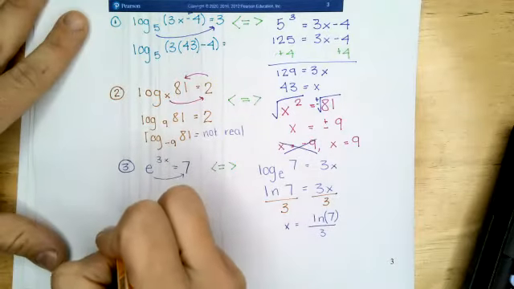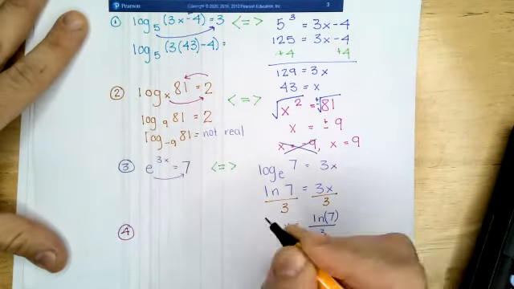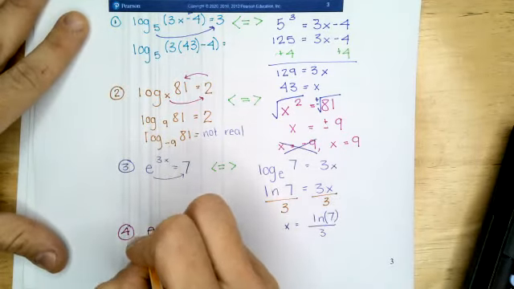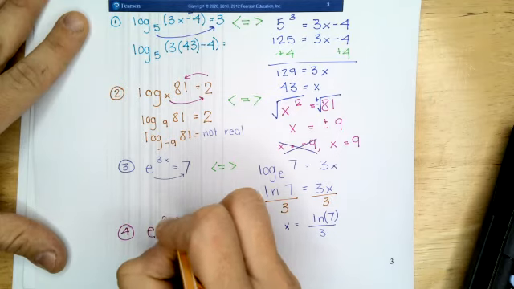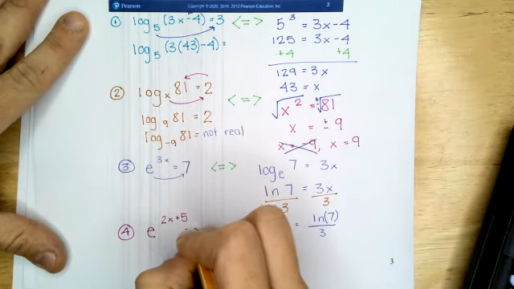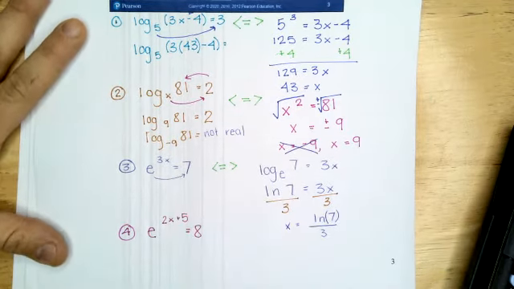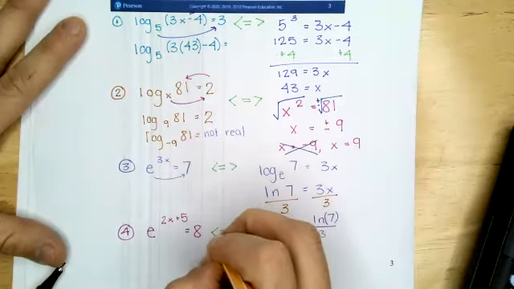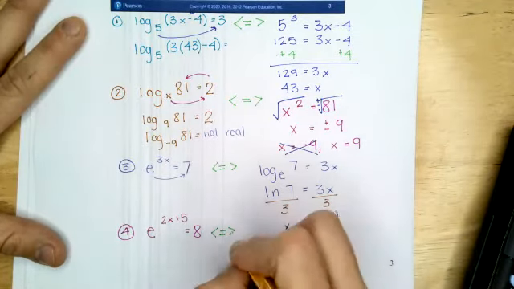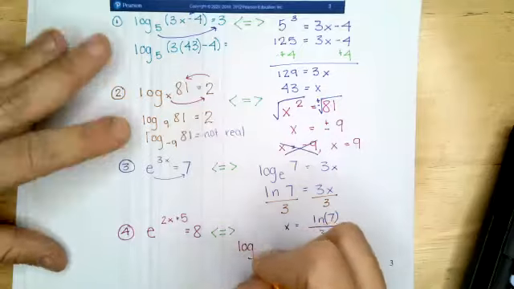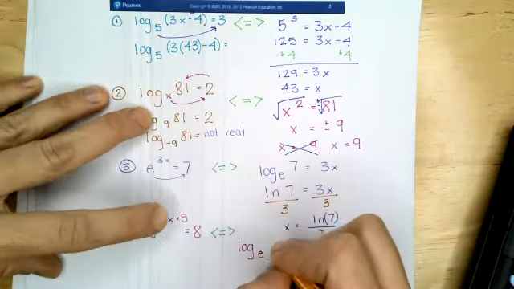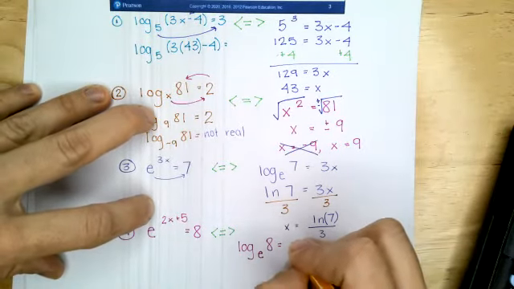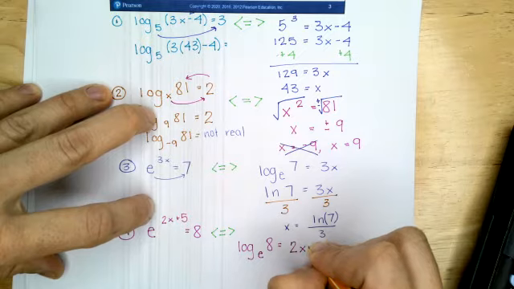Fourth one, we have e to the power of 2x plus 5 is 8. Again, we're just going to convert. Begin with a base. We have log base e of 8 equals 2x plus 5.